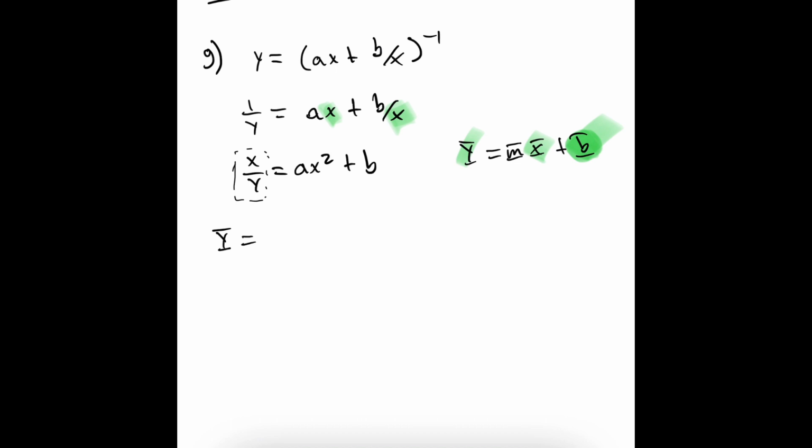So y equals x over y, x equals x squared, our slope equals a, and b equals b. And you plot that on rectangular coordinates, and you've got a straight line there.